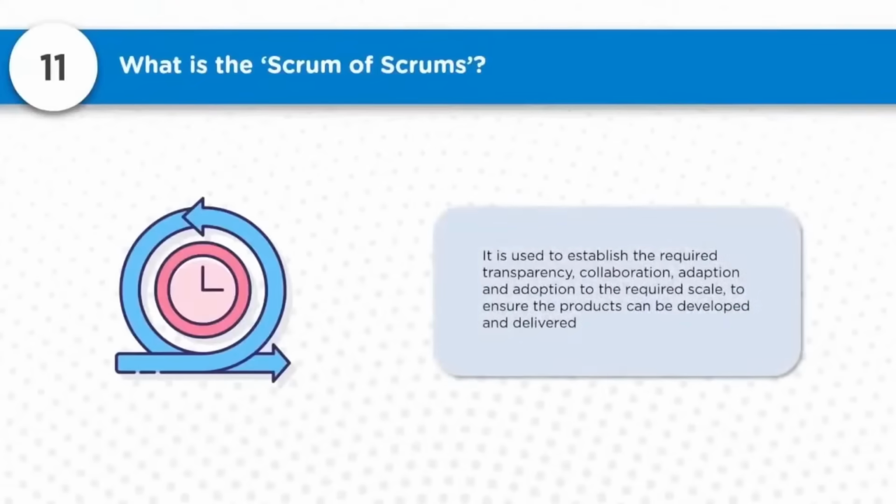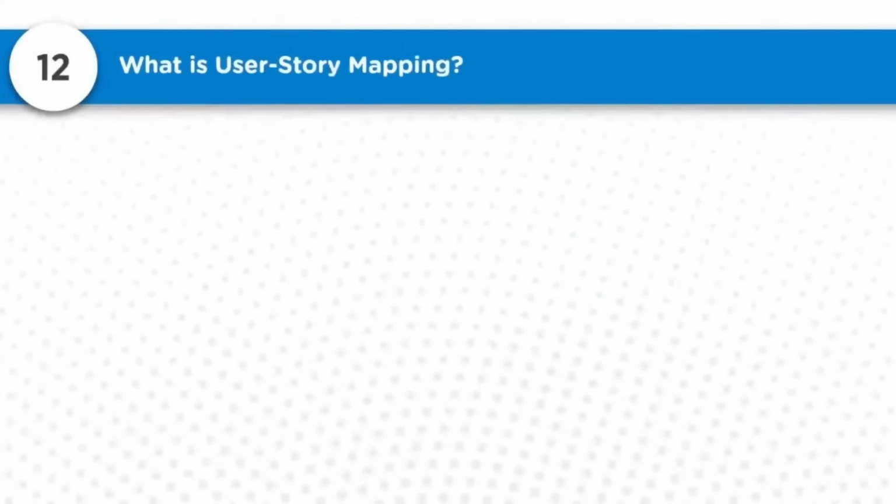It is used to establish the required transparency, collaboration and adaptation at the required scale to ensure the products can be developed and delivered. Whatever products are delivered need to focus on the business objectives, which is very essential.